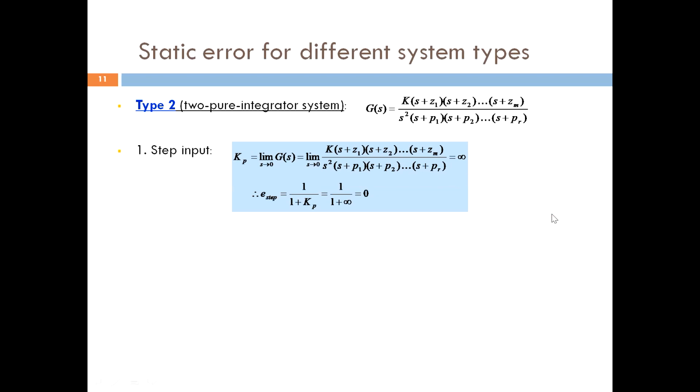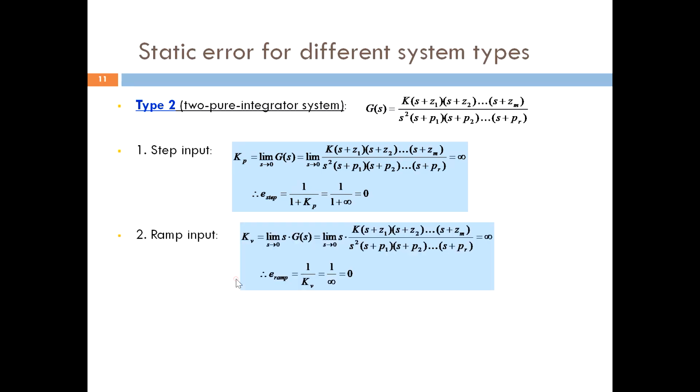Then finally, we look at a type 2 system. A type 2 system has got a double pure integrator. It's going to have infinite position error constant and 0 steady state error for a step input.